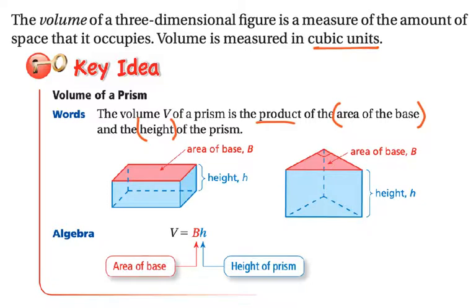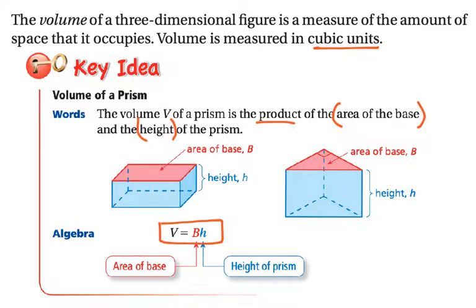Okay? But you do see that formula down here algebraically, and that's the basic formula I mentioned in our objective a moment ago, that we're going to use to find the volume of absolutely any prism. Now, you notice that the first part is capital B. That's very important. That capital B does stand for the area of the base. So if it's a rectangular prism, we're going to have to find the area of this rectangle.